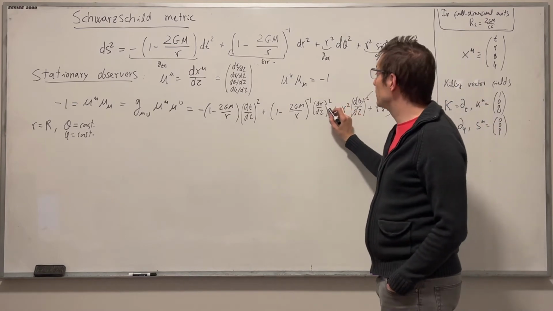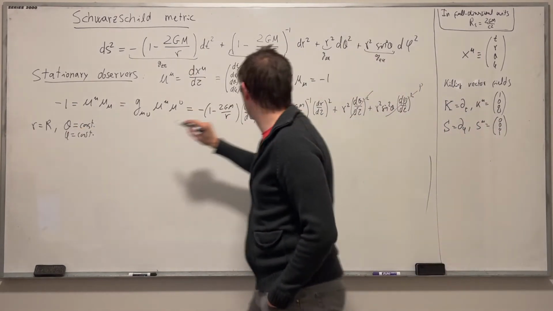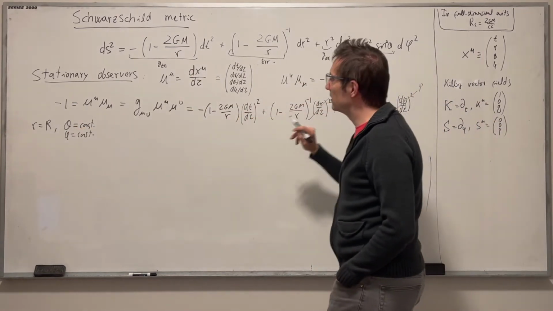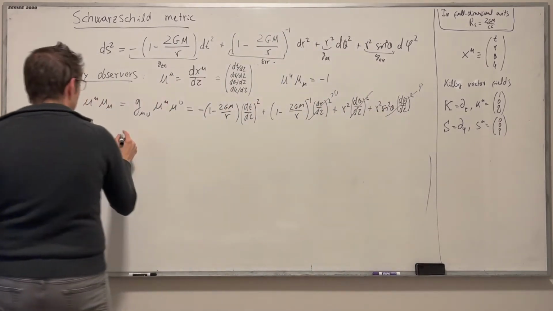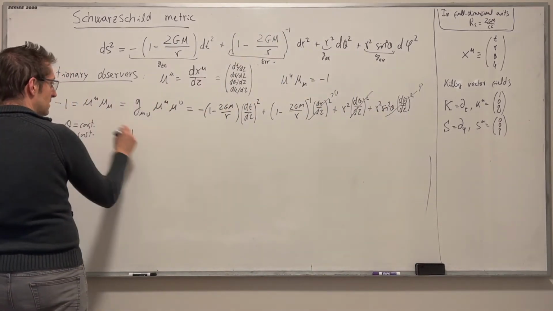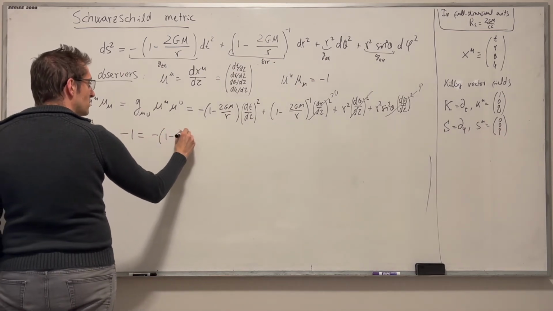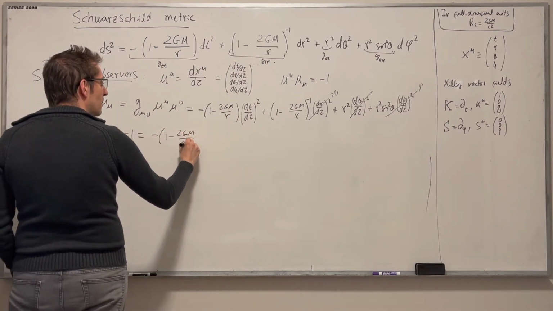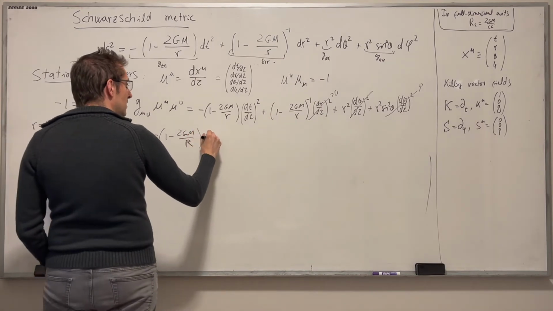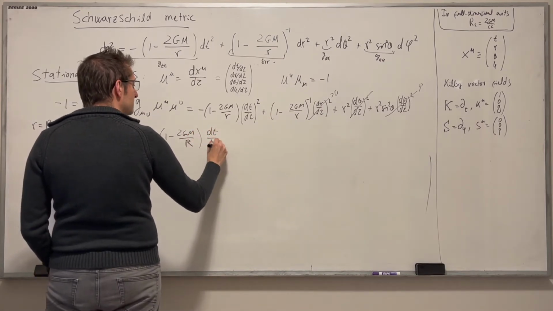Also, r is not going to change with respect to proper time because it's a constant, capital R, so this is going to be 0 in this case. And then the equality that I got is that -1 is equal to -(1 - 2GM/r)(dt/dτ)².